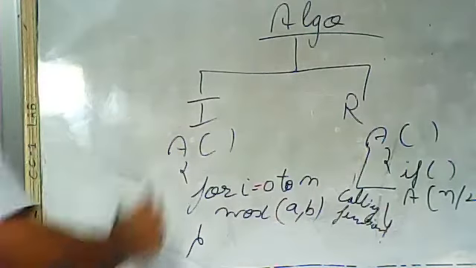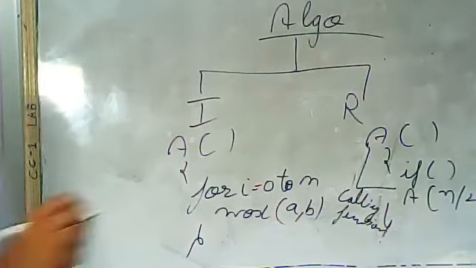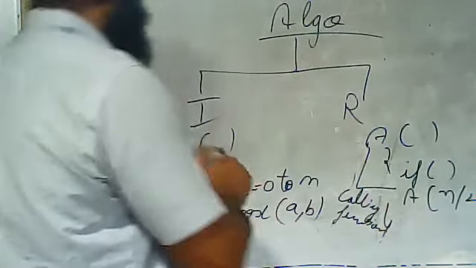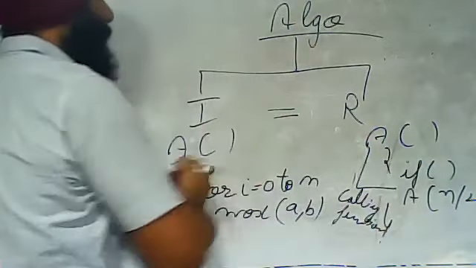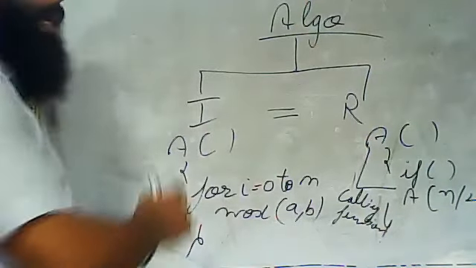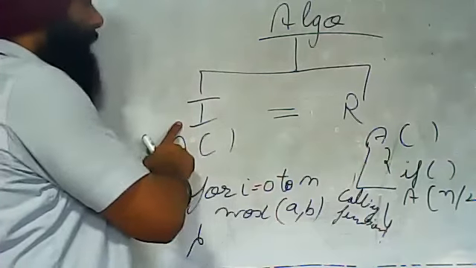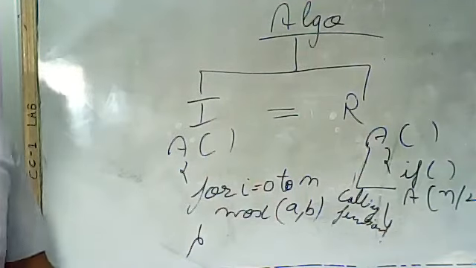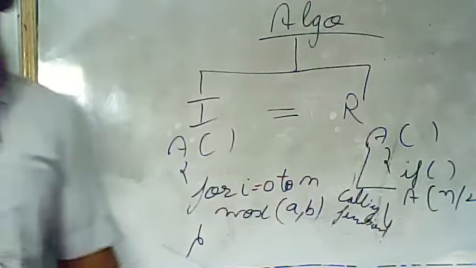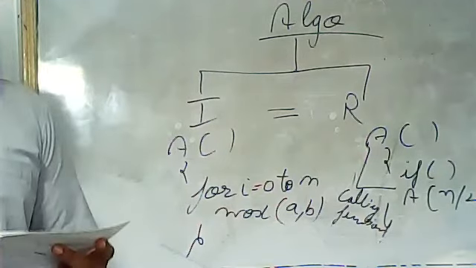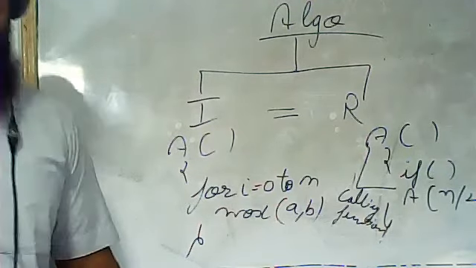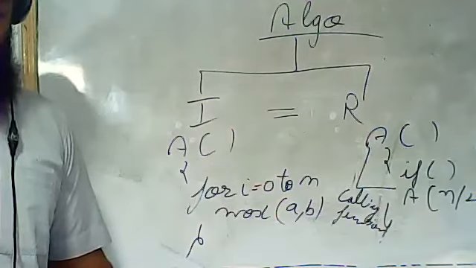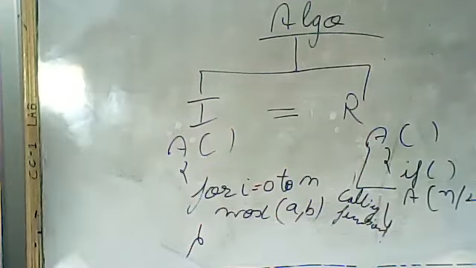So this one is an iterative algorithm, and this one is a recursive algorithm. First I would like to say these are equal in power. Why equal in power? Any problem that can be solved using the iterative method can also be solved using the recursive method. Any program that can be written in an iterative way can also be written in a recursive way. Both are equal in power. So these are two types of algorithms.